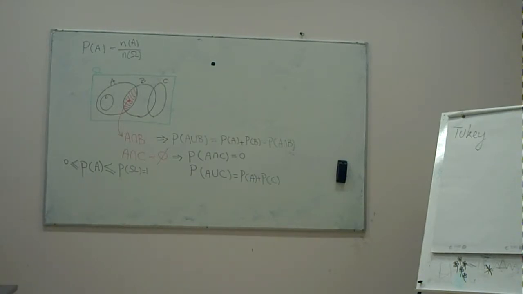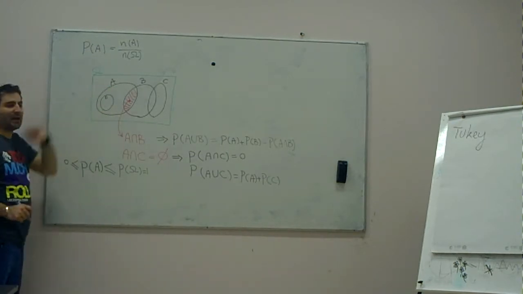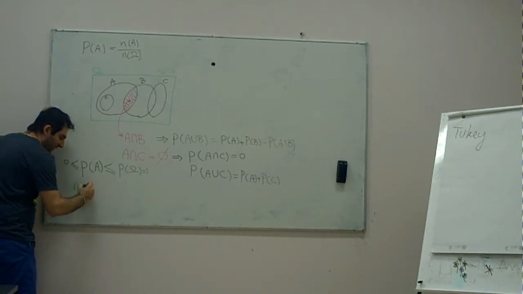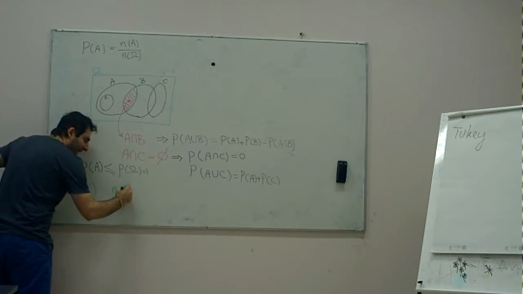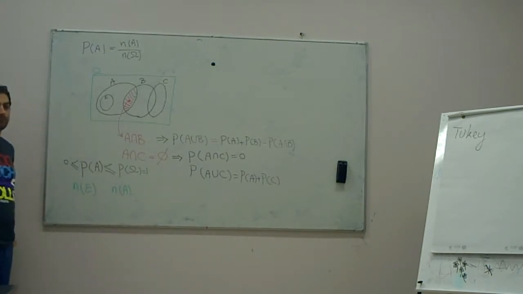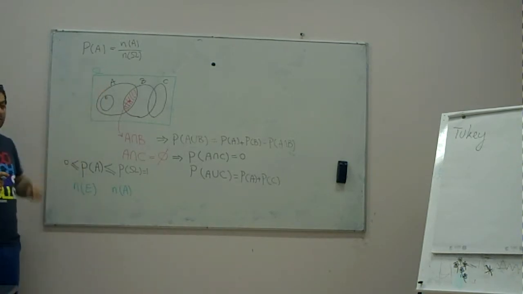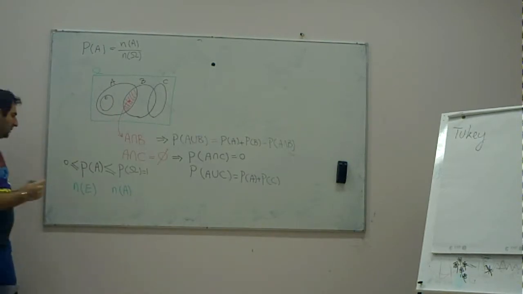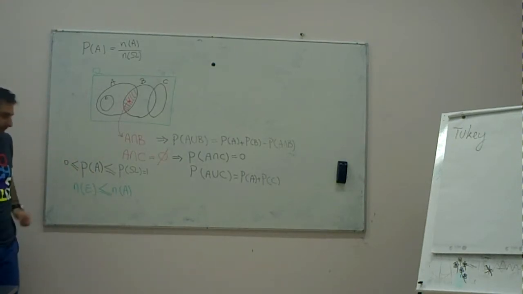Now, E is always inside A. What can I say about the number of elements of E and the number of elements of A? Yes, Ne is less than or maybe equal to Na.